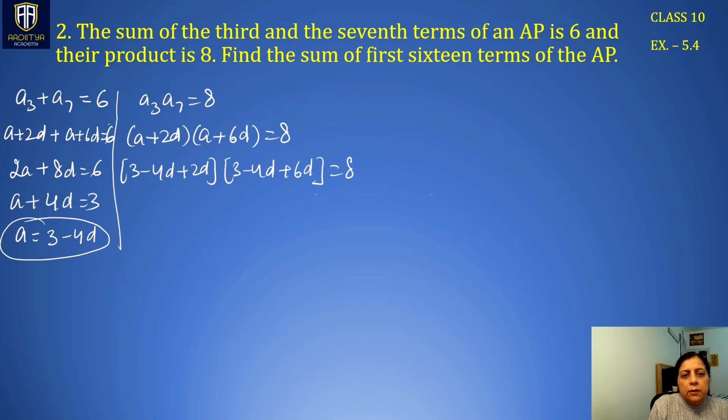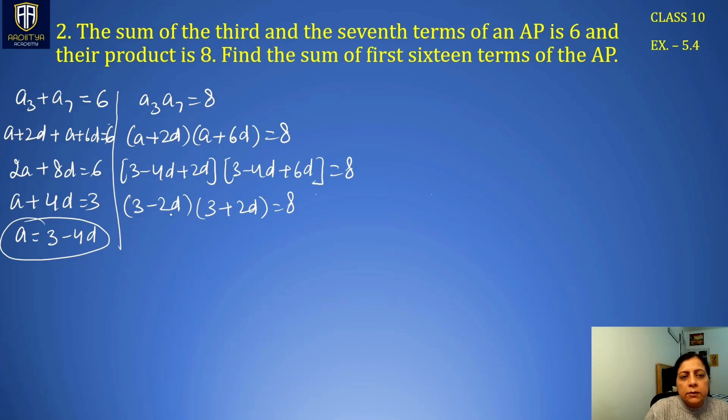The product is 8. Now you can see that the simplified version of this becomes, now we have got a quadratic equation in one variable, 3 minus 2D, and here we have minus 4D plus 6D, so 3 plus 2D is 8. See how simple this has become now.